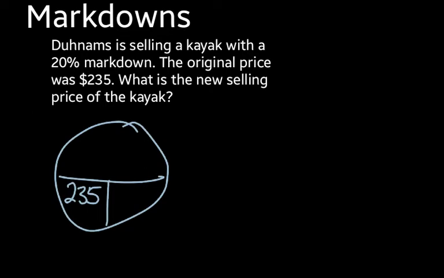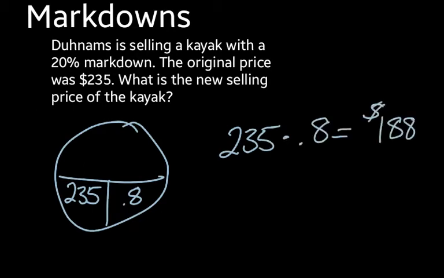Otherwise, I can understand that if 20% is the markdown, that means 80% is the actual price of the kayak. So 235 times 0.8, and I get $188, which would be the price of the kayak.